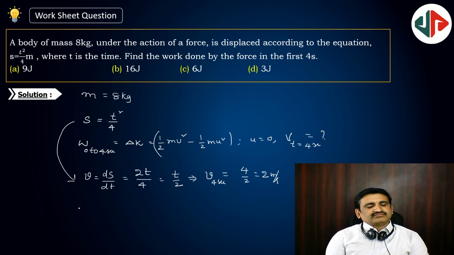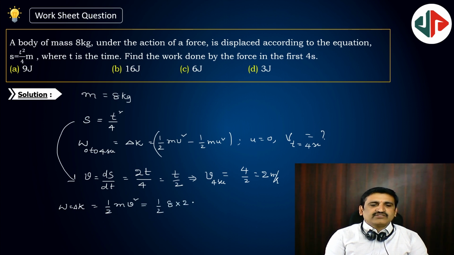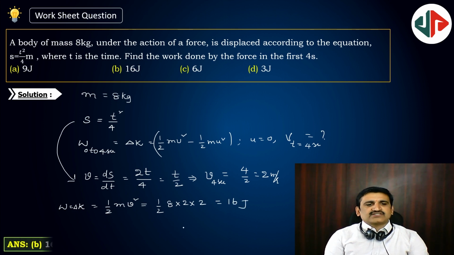Now work done equals change in kinetic energy. So change in kinetic energy is equal to half mv square, half into m value 8, v square value 2 into 2. So it will be 16 joule. Yeah, so the answer is 16 joule. Hope you are with me. Next.